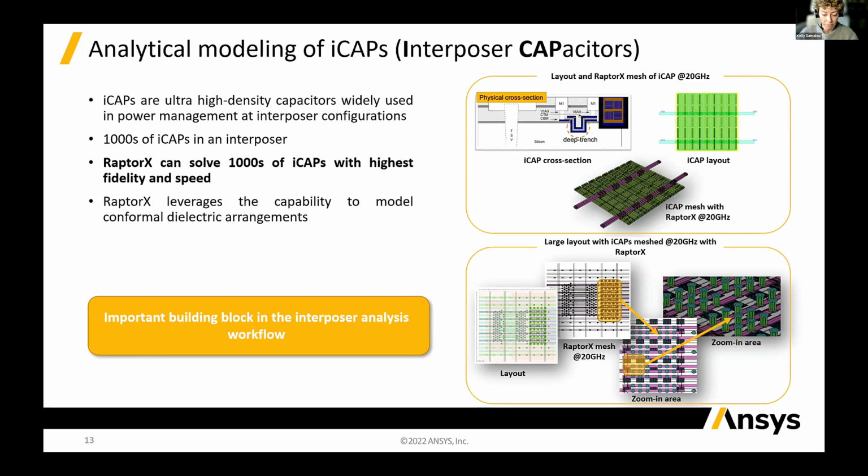And RaptorX, which is the Ansys silicon optimized electromagnetic solver, can give the capacity and the speed to solve all of the interposer capacitors of the design at once with the highest accuracy.